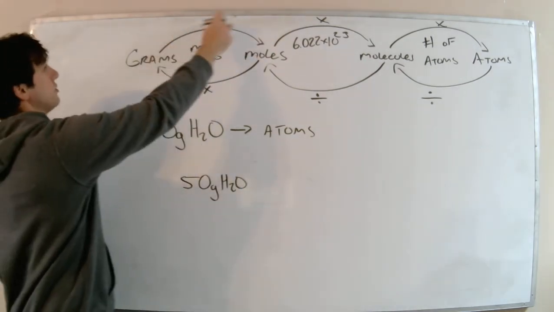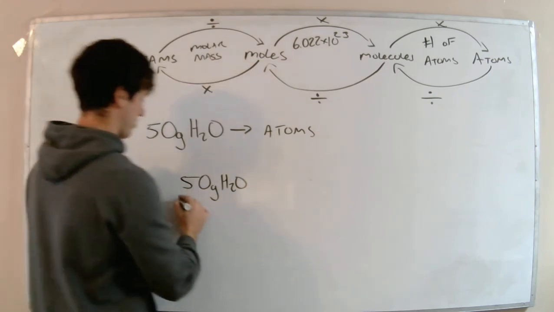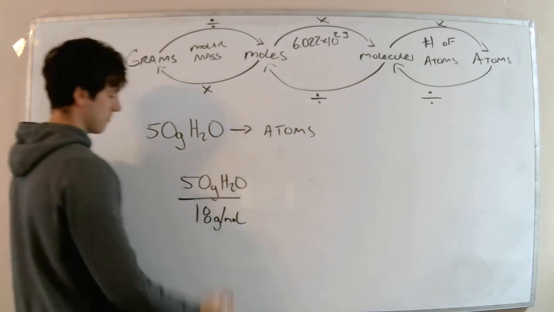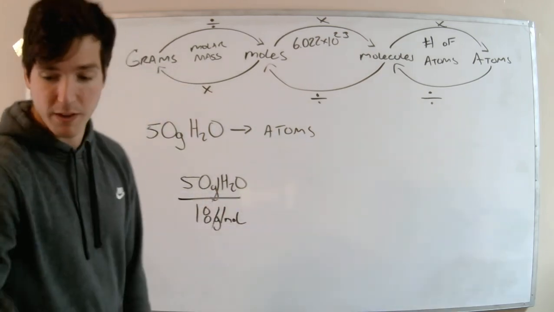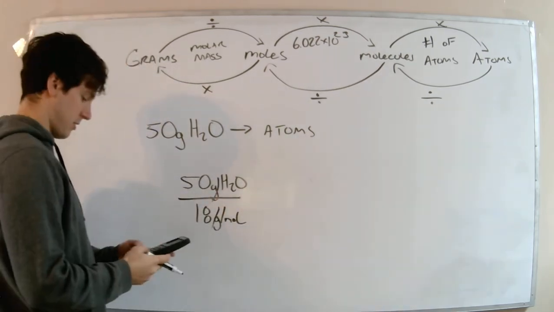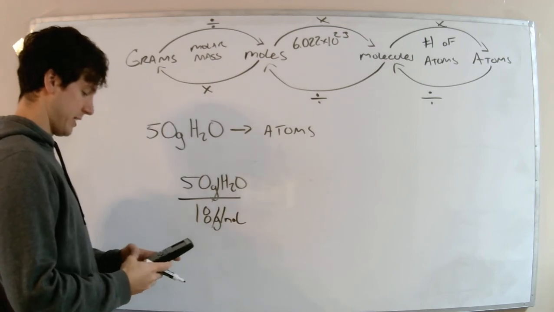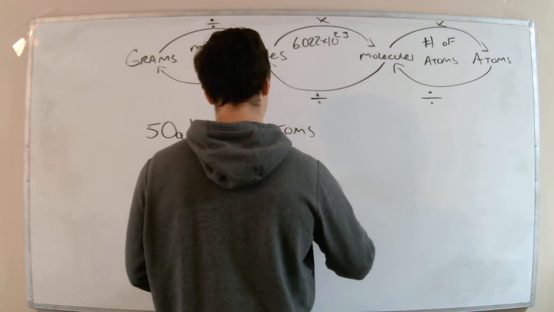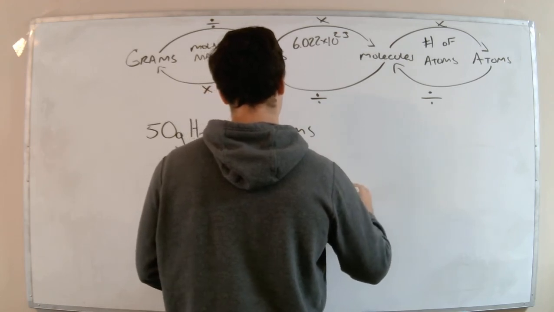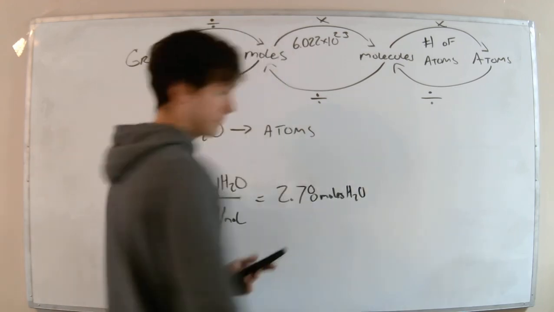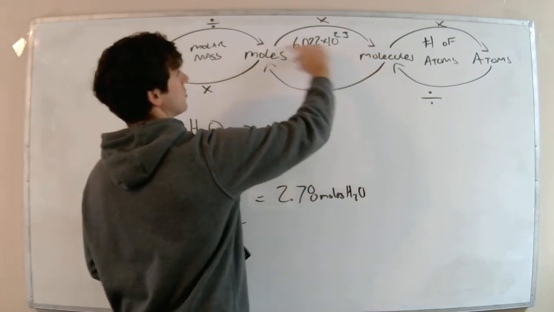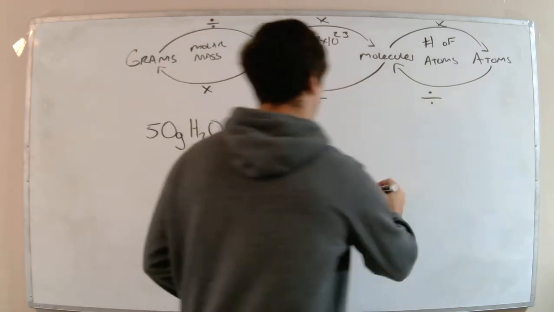So I'm going to divide by molar mass, which we should know of water is 18. Grams cancel out, I'm left with moles. So 50 divided by 18 is, I'll simplify it to 2.78 moles of H2O. Now I'm here, I gotta get here, so I better multiply by Avogadro's.